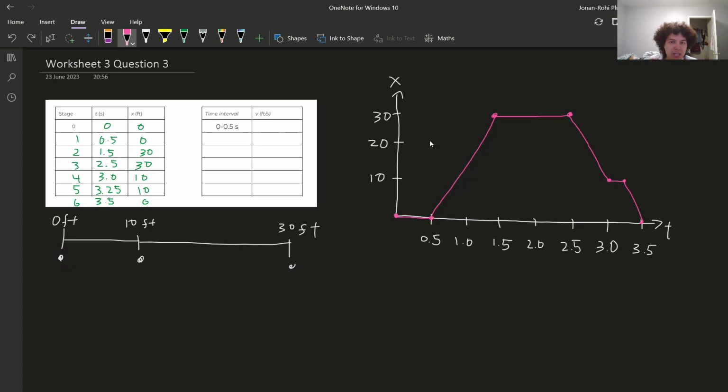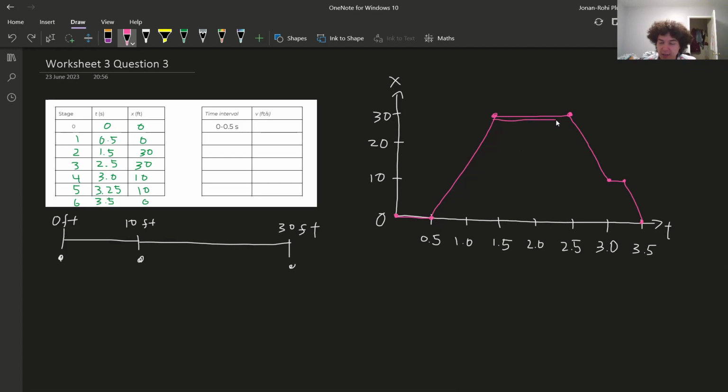So in order to portray that, we notice that the bird ended up right here at 1.5, at 30 feet at time 1.5, and had to go there from position 0.